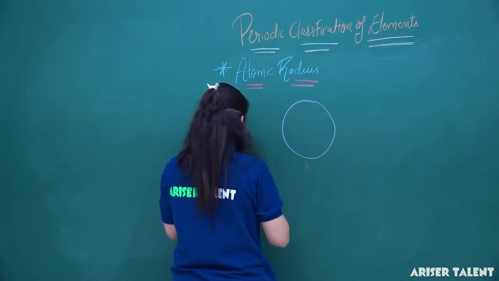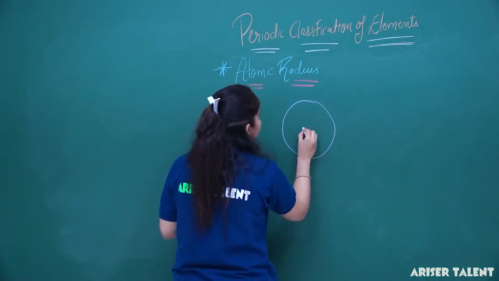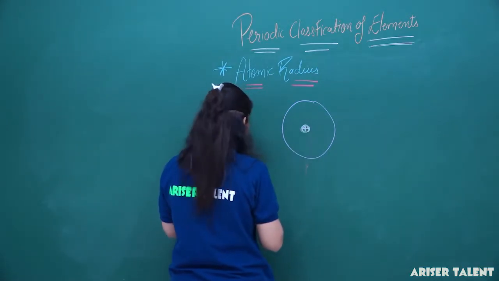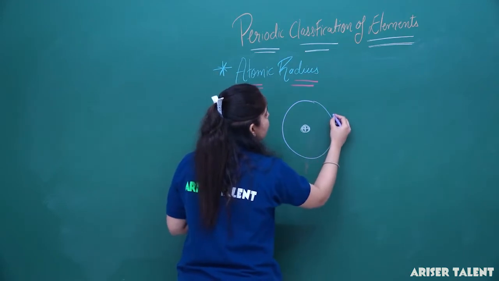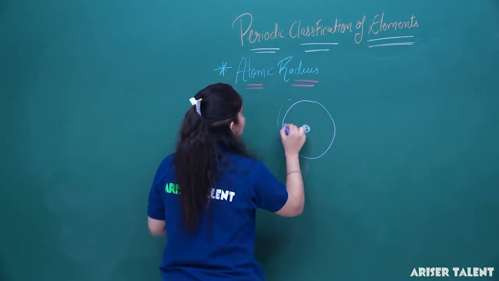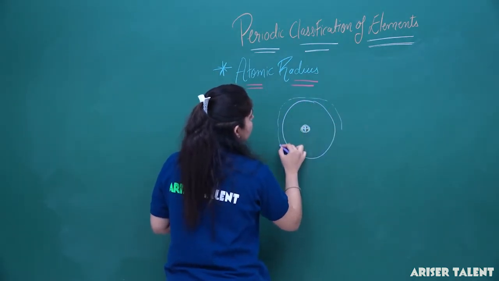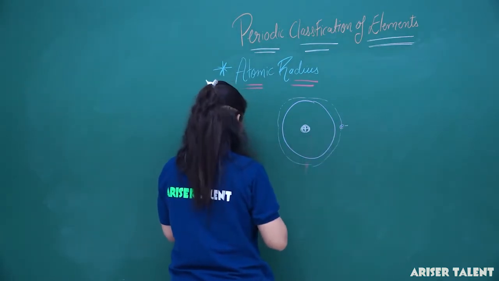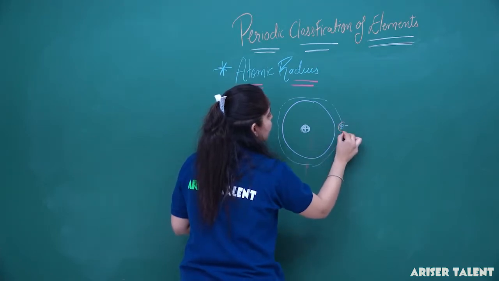So, what is this composed of? This is composed of the positively charged nucleus here. This is our nucleus. And suppose the electron is moving in this shell. This is our electron.